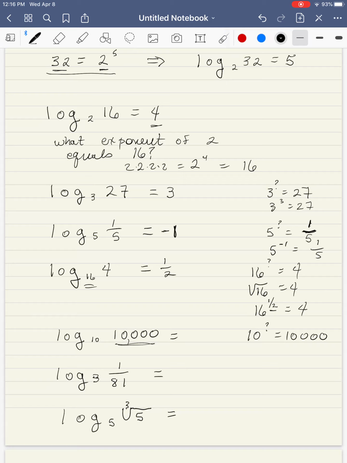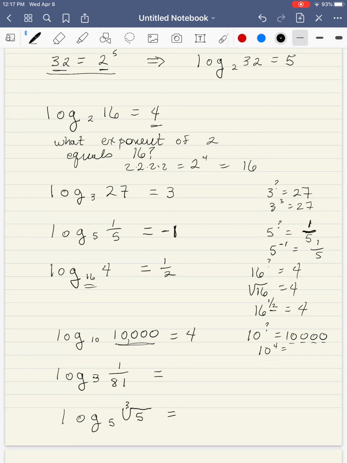Well, base 10, every time you multiply by 10 gives you another 0. So 10 to the 4th power equals 10,000, so this one is equal to 4. We're going to see in our next video that the logarithm base 10 is a special logarithm and it has a special name, but we'll explore that more in the next video on common and natural logarithms.